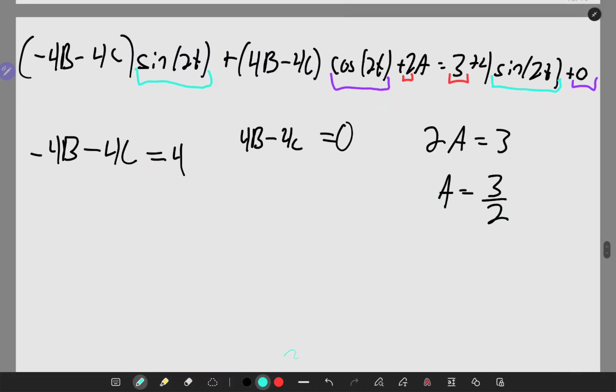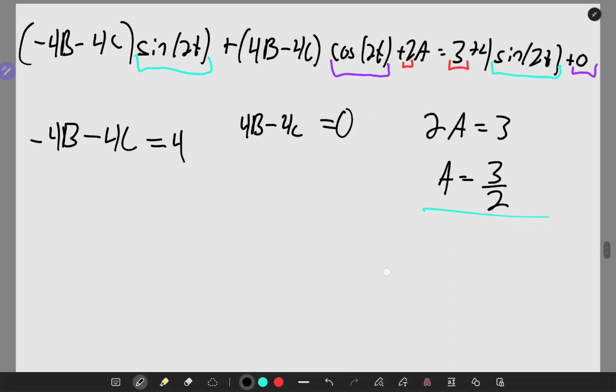Now it's just a matter of solving these other two. So we have a system here. If you recall from when I used Cramer's rule, you can use Cramer's rule, or you can just use substitution. So I'll just do this one with substitution. I'm going to incorporate Cramer's rule into variation of parameters.